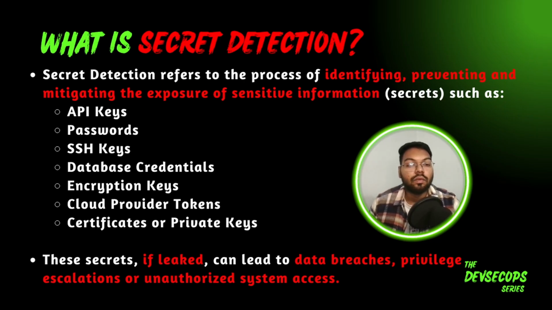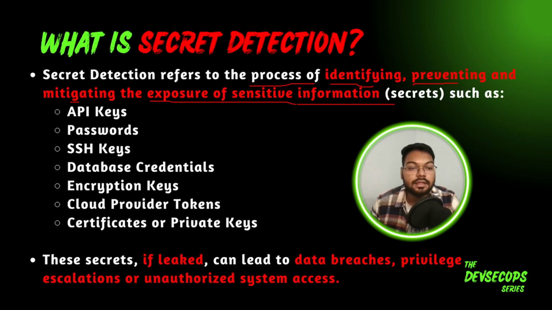So, what is secret detection? It refers to a process of detecting, which means to identify, the secrets, and then preventing and mitigating the exposure of sensitive information, such as API keys, passwords, SSH keys that are used to directly log into your virtual machines for shell, database credentials, encryption keys, cloud provider tokens, and certificates or any other private keys.